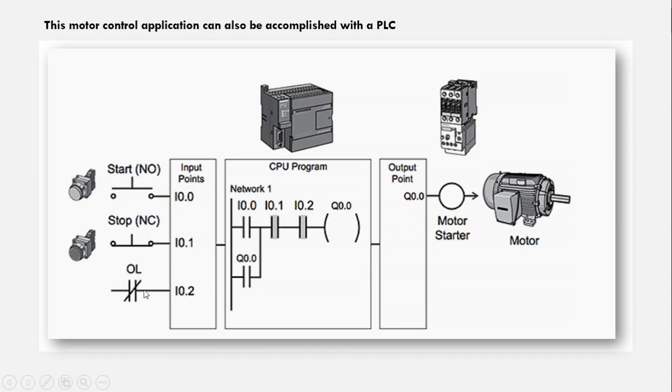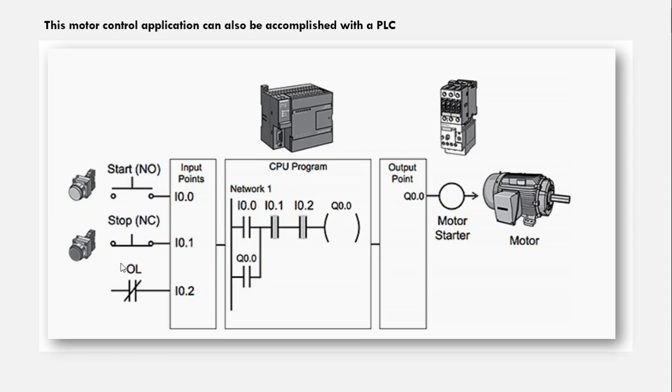Second case is the overload. In case of an overload, this is normally closed, and when there is an overload condition, this becomes open. When this becomes open, again this rung gets de-energized, the output becomes 0, and the motor again stops. So it is concluded here that to start and stop the motor we use switches.